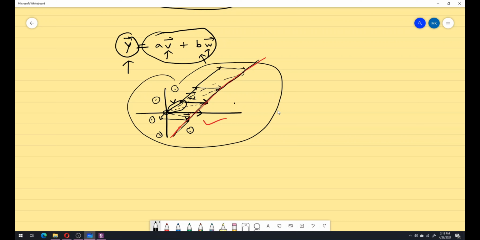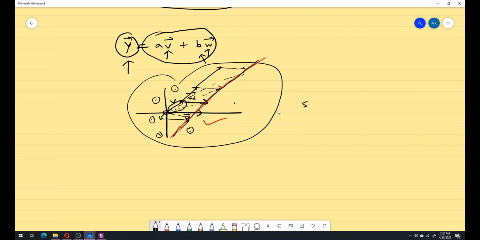The reason behind explaining this, that I can get the whole plane or I can get only a straight line, is that the set of all possible vectors that you can reach with all the linear combinations of the given vectors is called the span of the vectors.